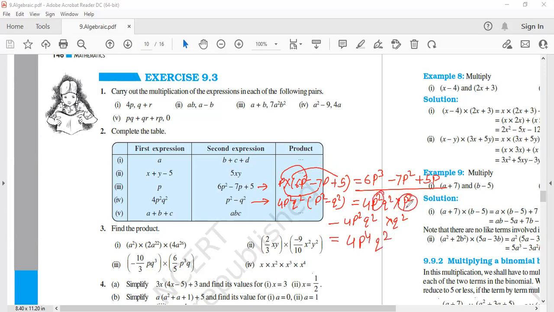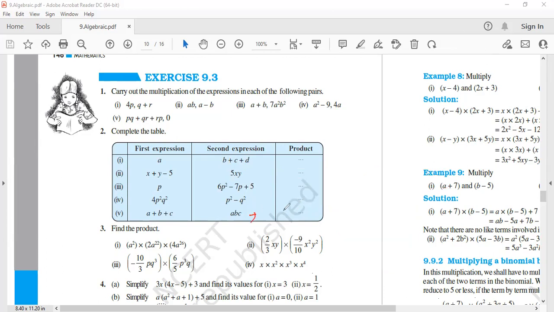Simply it will give you 4p power 4 and q power 2, because p square into p square is p power 4. And minus 4 times p square q raised to power 4, because q power 2 and q square are there. It's a very simple thing. So the answer will come in this way: 4p power 4 q square minus 4p square q raised to power 4.